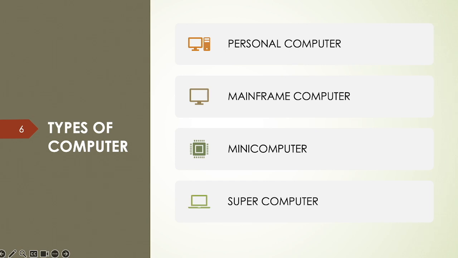Mainframes are equally super, but not as large as supercomputers. Then the next one is the mini computer, and then we have the personal computers. An example of a typical mini computer could be a POS machine.